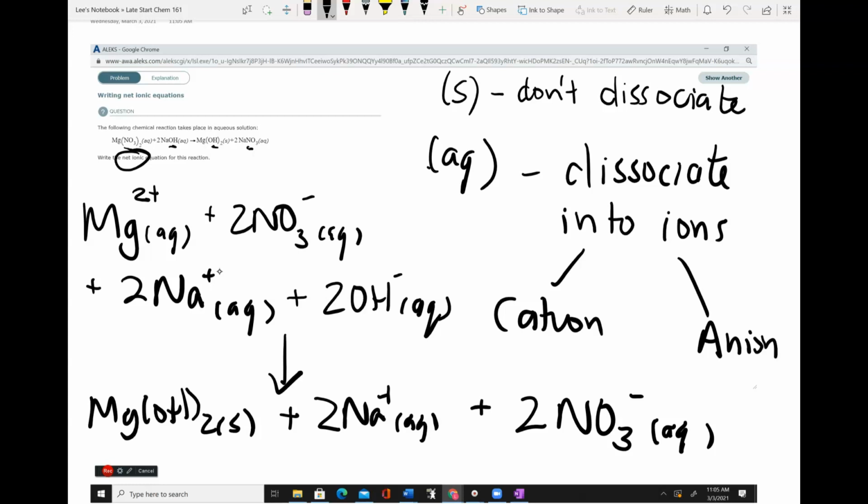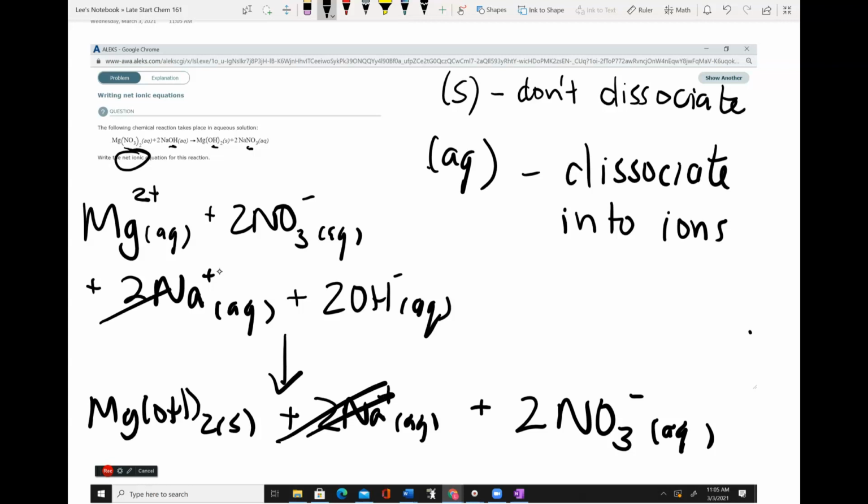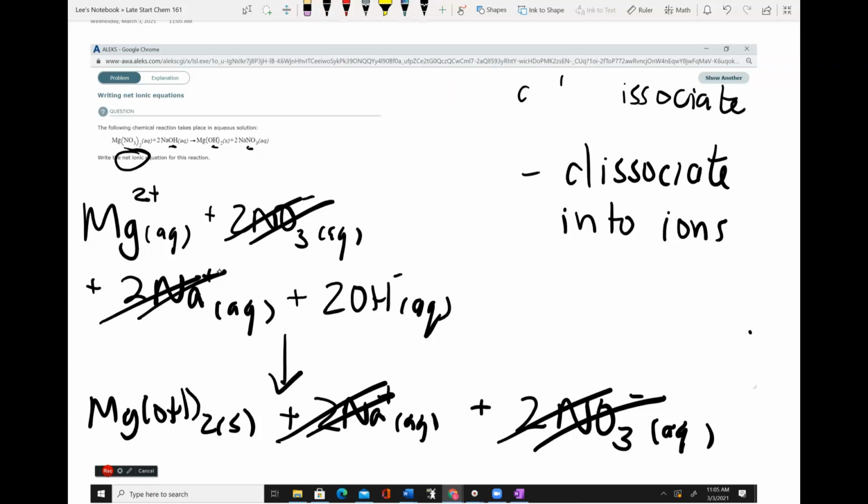To get my net ionic equation, to focus in on the things that are actually reacting, I'm going to remove all of those things that are not changing in any way. So I'm going to cancel out what we call the spectator ions, the ions that appear in the products and reactants in exactly the same form. In this case, that's these 2 sodium ions and these 2 nitrate anions. What I'm left with is my net ionic equation.